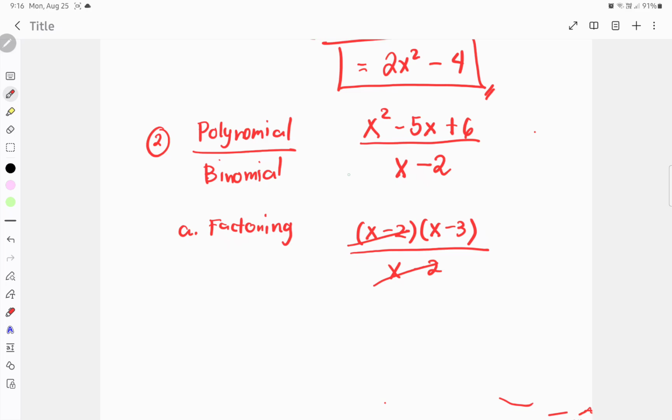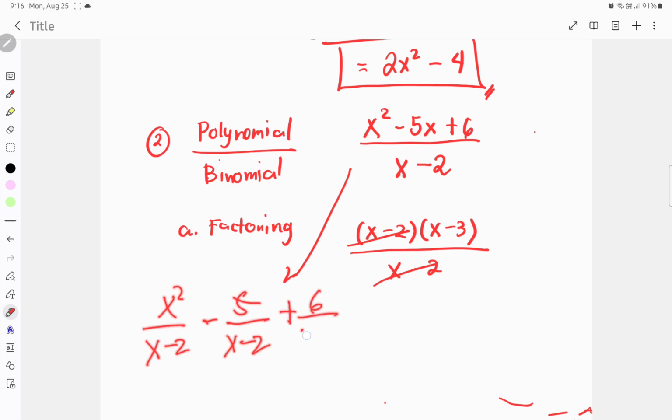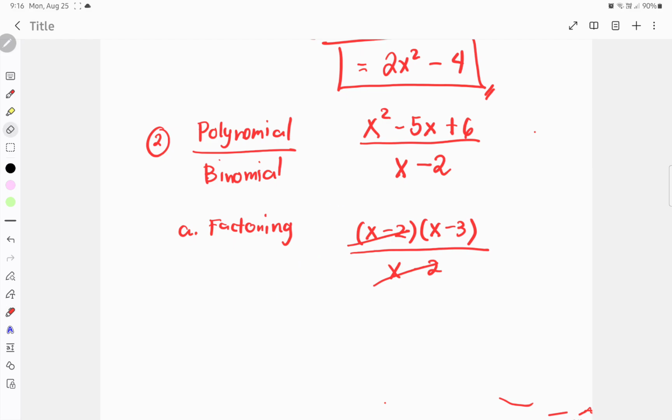Otherwise, it could be written as x squared over x minus 2 minus 5 over x minus 2 plus 6 over x minus 2. So that's why we need to do the factoring. So what's left now? The quotient will lead us to x minus 3.